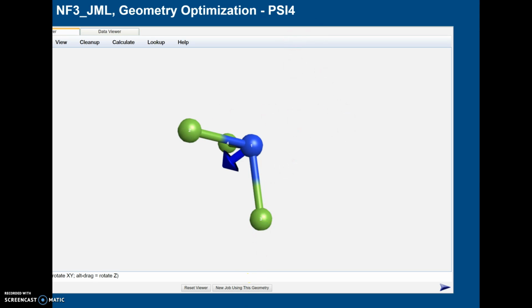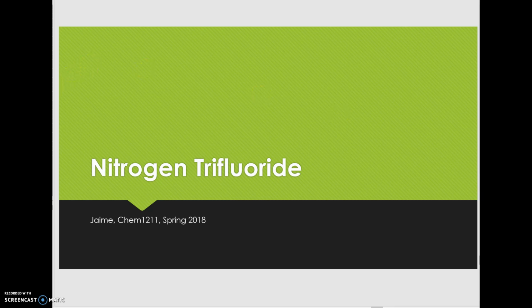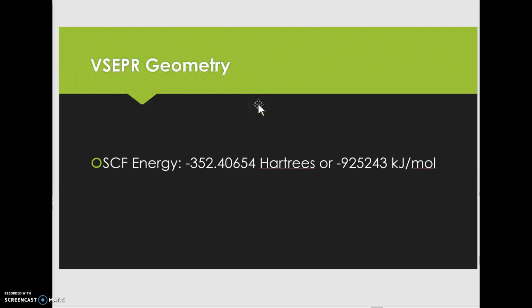Now let's look at the energies of these molecules. So the VSEPR geometry has an SCF energy of negative 352.4065 hartrees, or negative 925,243 kilojoules per mole.